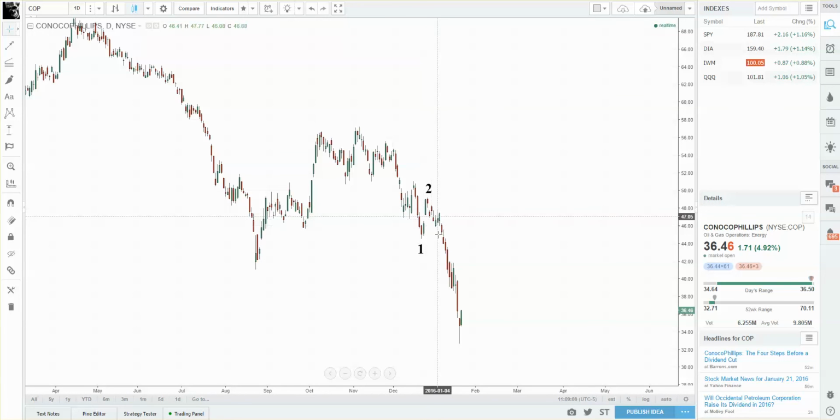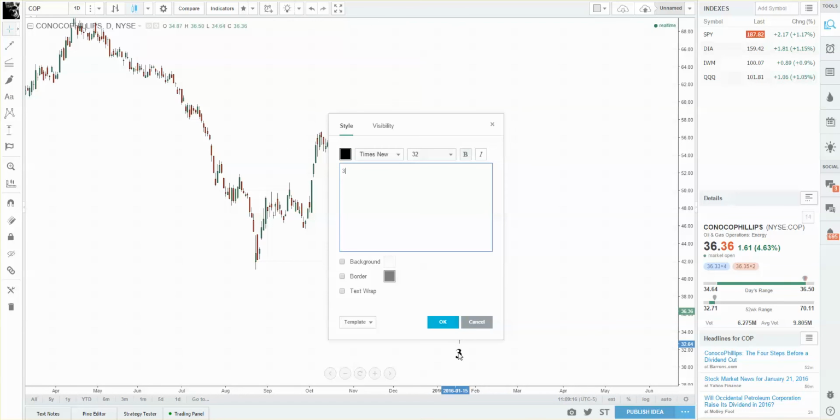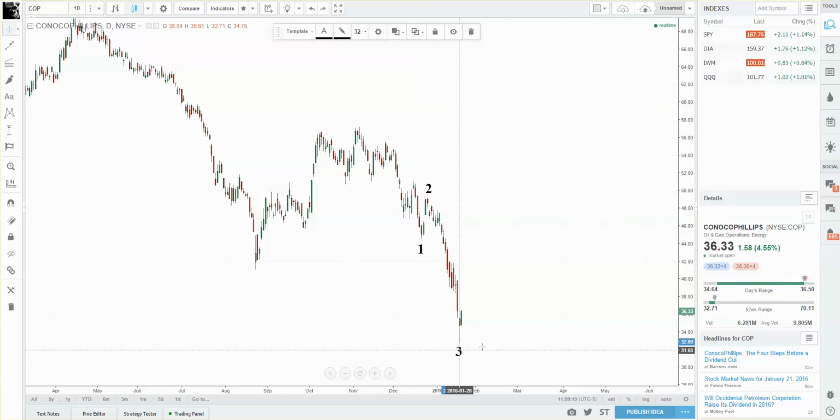And in this case, we would have been wrong in the face of a third wave. So follow the impulse waves. Follow the trend. More often than not, if there's a surprise, it's going to go in your favor so long as you're trading in the direction that the impulse waves are unfolding.